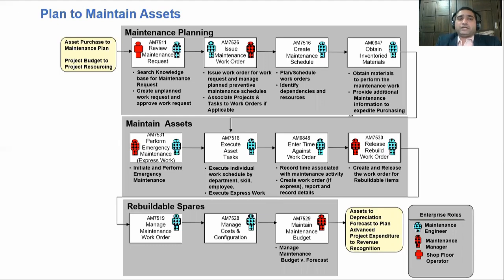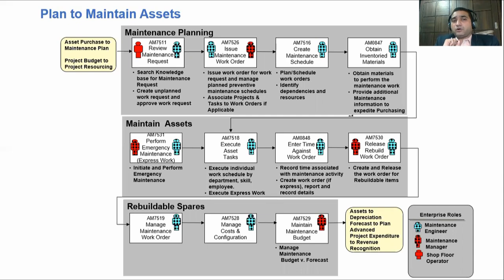Once the maintenance requests are created, based on these requests the technicians or the supervisor will search for the probable solution in the knowledge base. If it looks like a known or repetitive kind of issue, then they may search in the knowledge base.